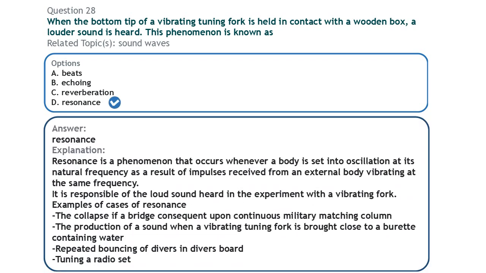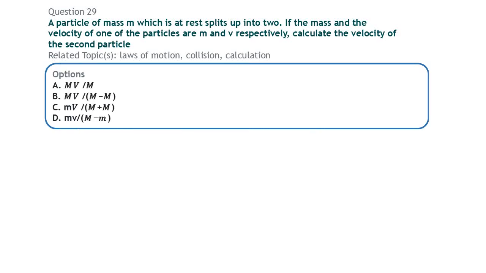This occurs when a body is made to vibrate at its own natural frequency due to the impulse of vibrations that it receives from an external body that is vibrating at the same frequency. So the loud sound that is heard with the tuning fork brought in contact with a wooden box is due to resonance.